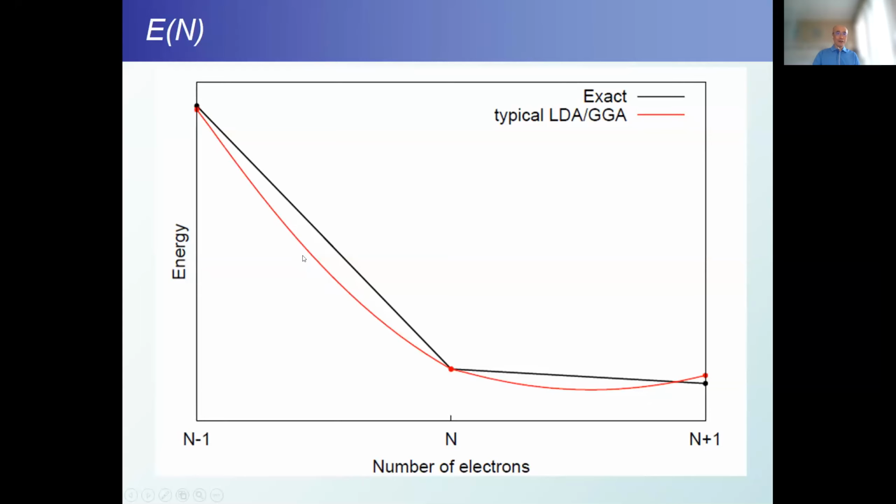However, at fractions, at half an electron, it is much lower in energy. So this means that the DFT functional violates the degeneracy requirement in quantum mechanics, and the linearity required by the underlying Schrödinger equation has been violated. So this error is very significant.